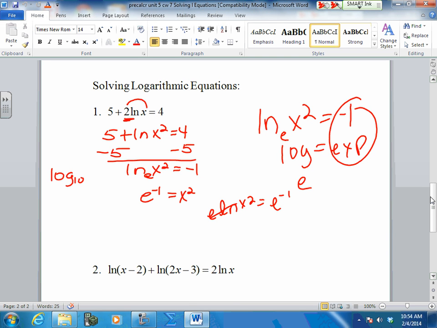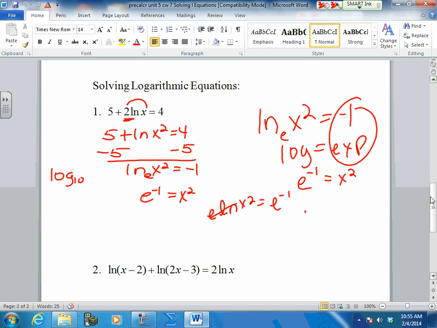I should have done one with a log in it rather than an ln first. So here's your exponent, x squared. Now, what is e to the negative 1? Does e to the negative 1 work? Use your second key. This was a terrible example to use because you really can't see much from this.